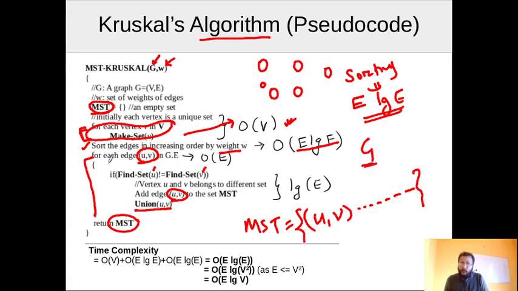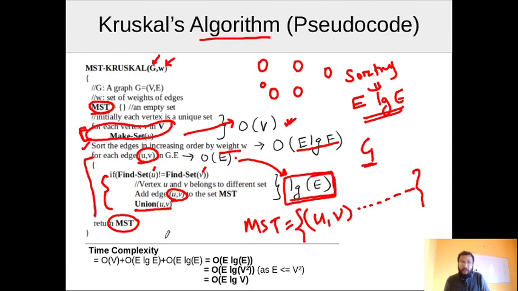So, this for loop will run E number of times because there are E number of edges. And if you implement find set and union in the best possible way, it will take log E time. So, E into log E is E log E for this entire thing.